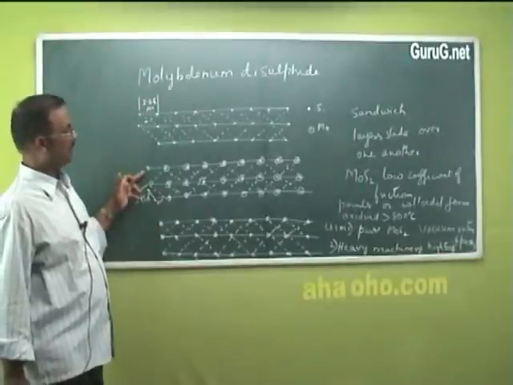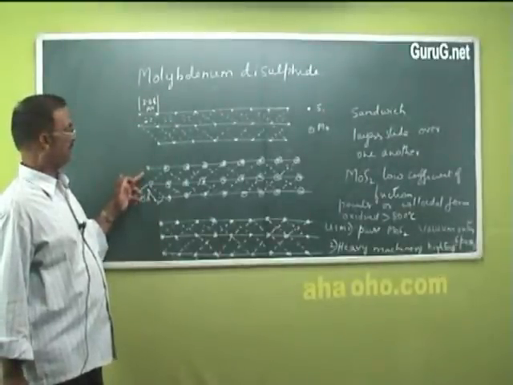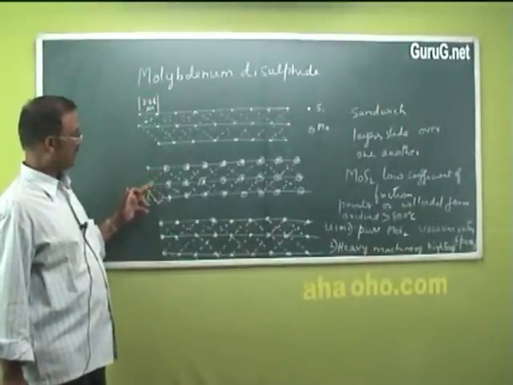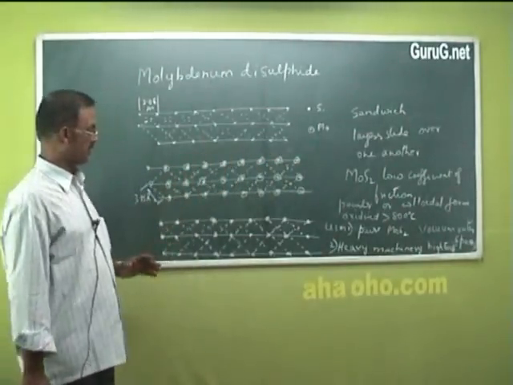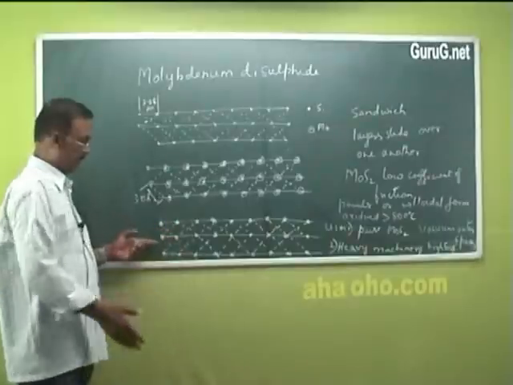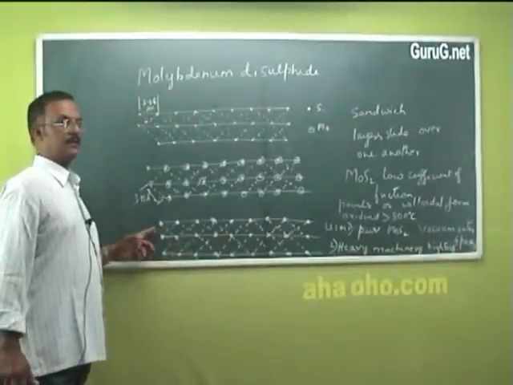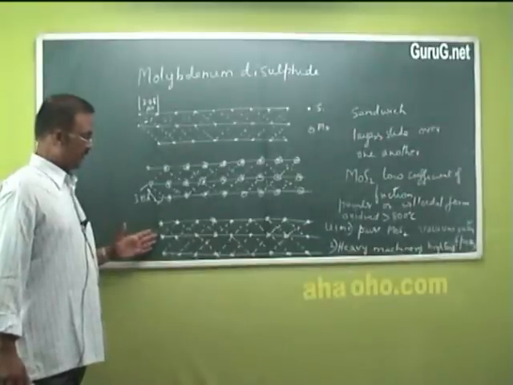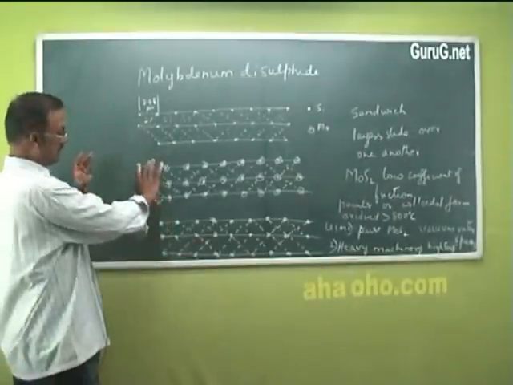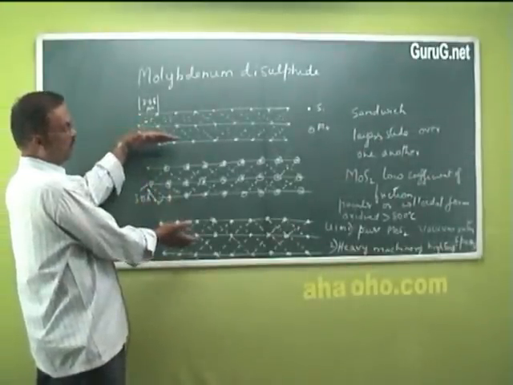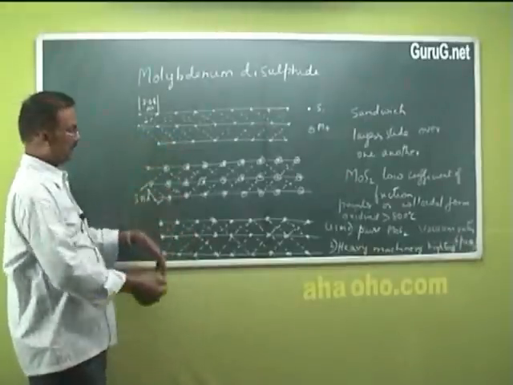The next layer contains molybdenum. The molybdenum atoms form a sheet-like structure. Next to the molybdenum layer is the sulfur layer again. So this layer is sandwiched between two sulfur layers.